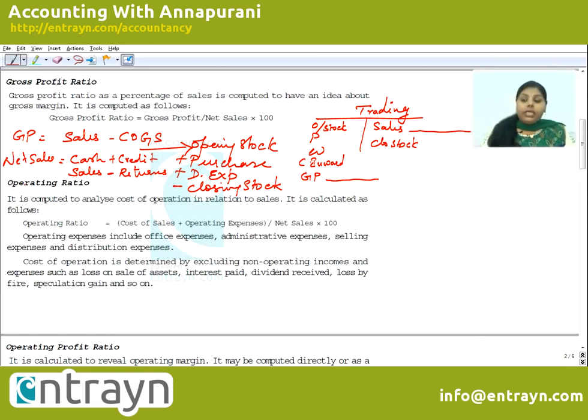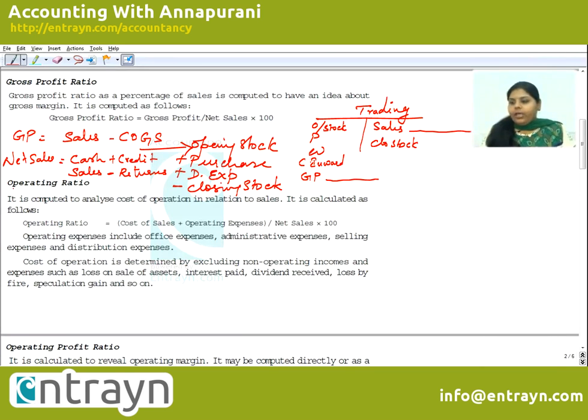There are two terms: one is returns inward, and what is the other term? Sales returns. One name is returns inwards, or it's called sales returns. This is what gross profit ratio is all about.